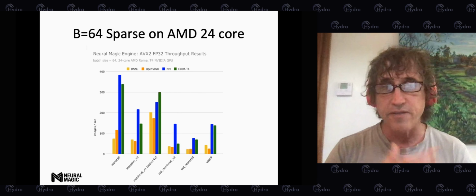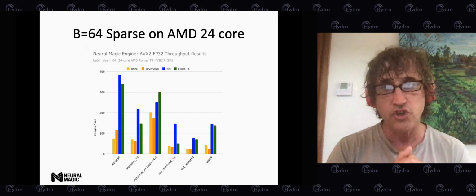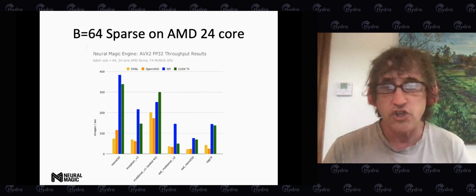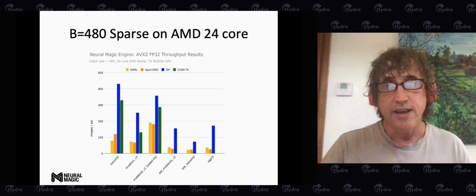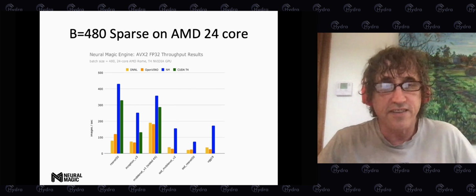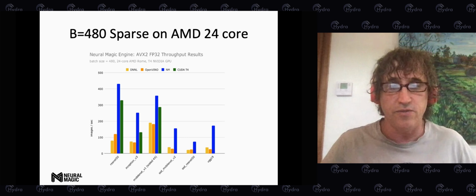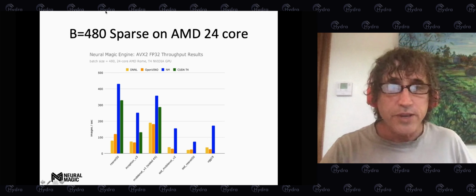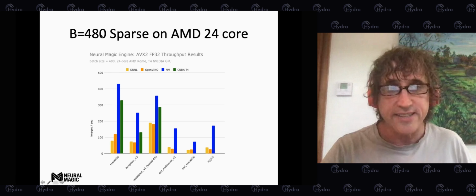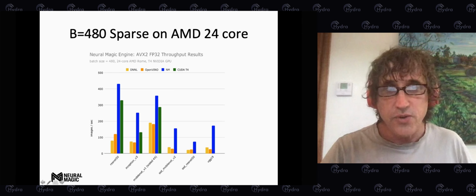And here's an example of batch 64. This is on an AMD machine, not just Intel, also AMD machines, pretty much the same. And here's batch 480, which should be really great for the GPU. What happens when you do a batch size of 480? Look at this.